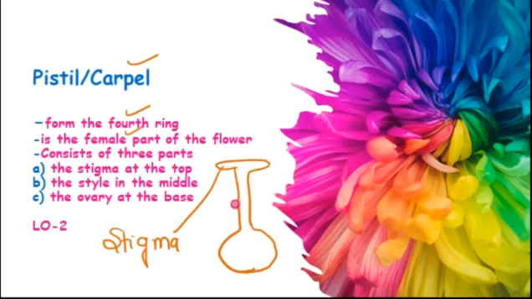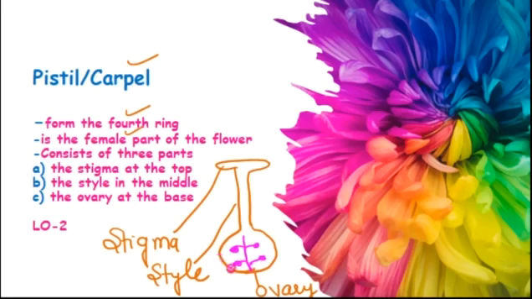Then the long tube is called a style, and the base swollen portion is called the ovary. Inside this ovary are some bead-like structures, and these bead-like structures are called an ovule. Ovary is a future fruit, and ovule is a future seed.